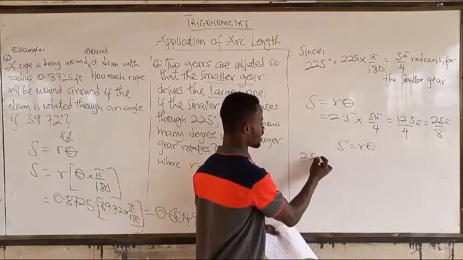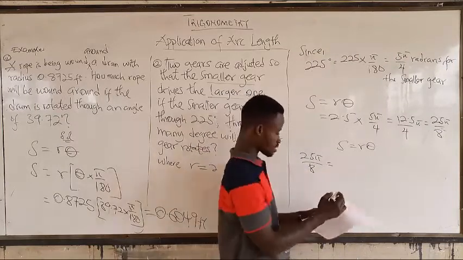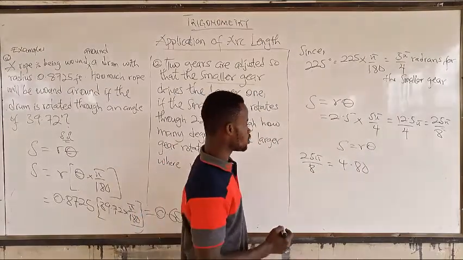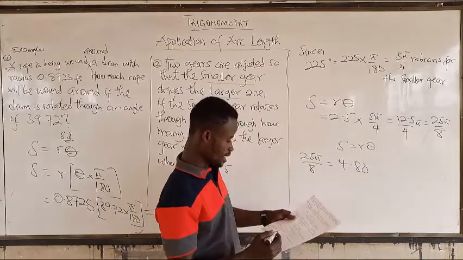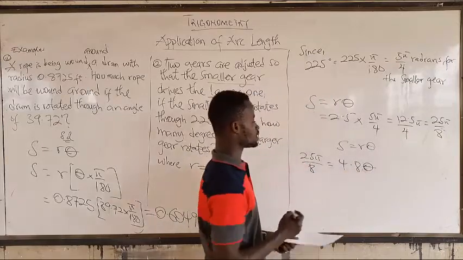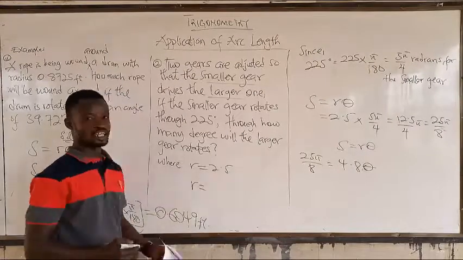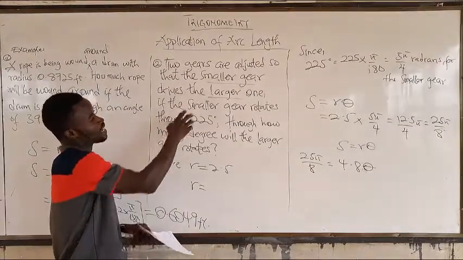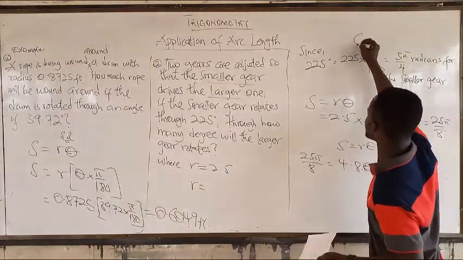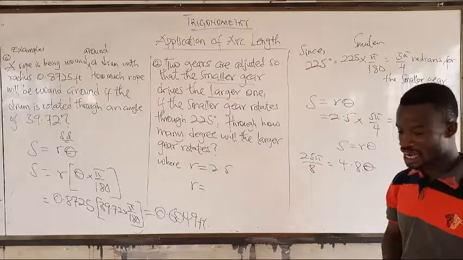So we know that 25 pi over 8 is going to give us 4.8 theta. So now there are 2 radians here. It's supposed to appear in the question. This is for the smaller, and that is for the larger.